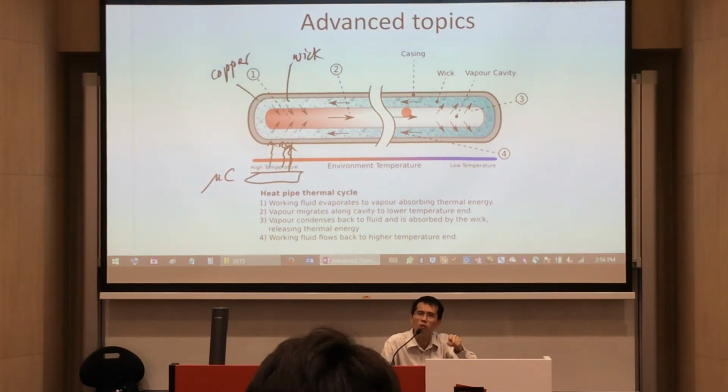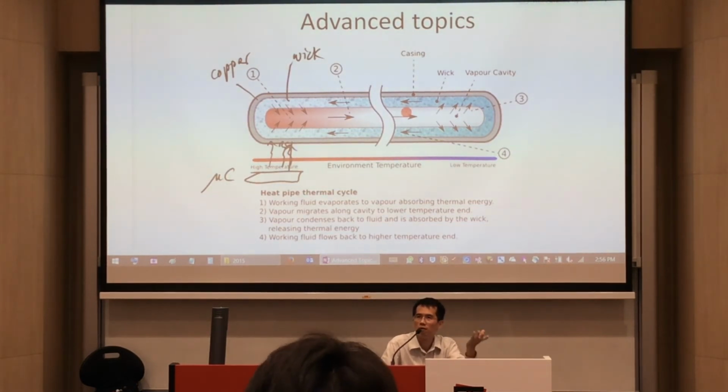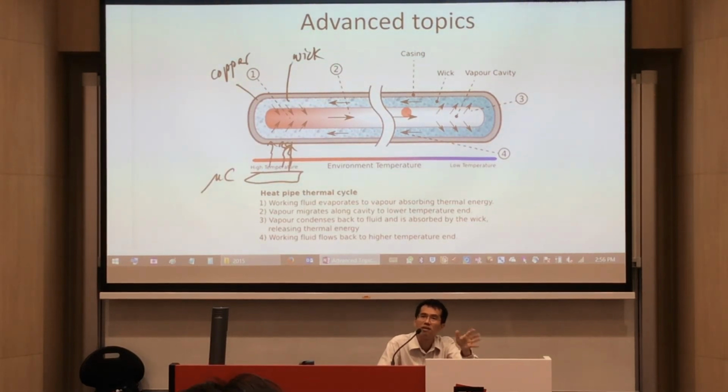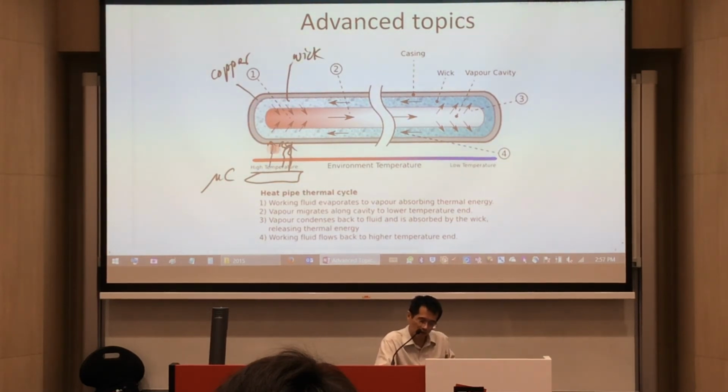So we need a fluid that will vaporize at a lower temperature. A fluid, say for example, alcohol. Now alcohol will vaporize at close to about 40 degrees Celsius. If I were to fill in this heat pipe over here with alcohol, what's going to happen is that if I place this side of my heat pipe to a microprocessor, the microprocessor's temperature is going to increase.